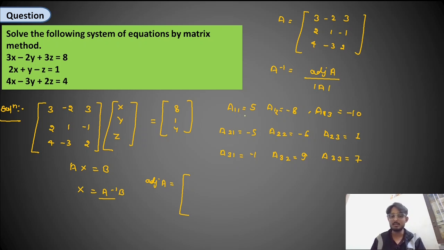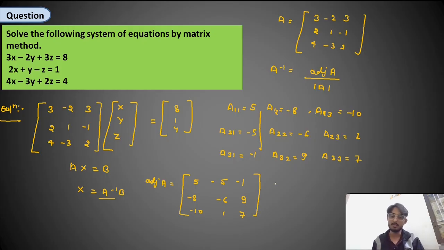So you write this column as a row. So you get the transpose of the cofactor matrix directly: 5 minus 5 minus 1, minus 8 minus 6 9, and minus 10 1 and 7.